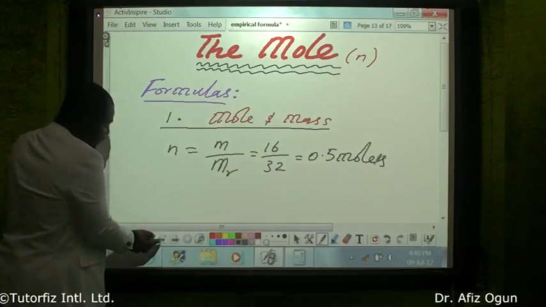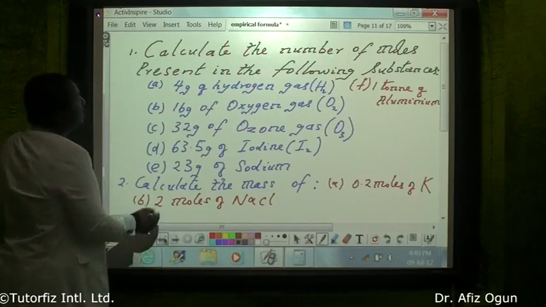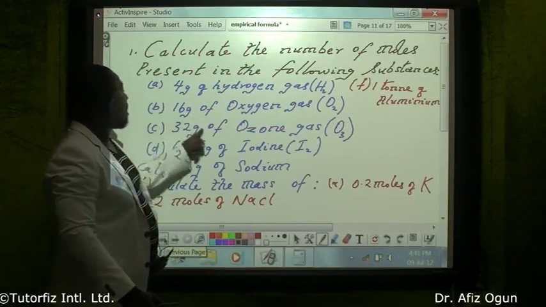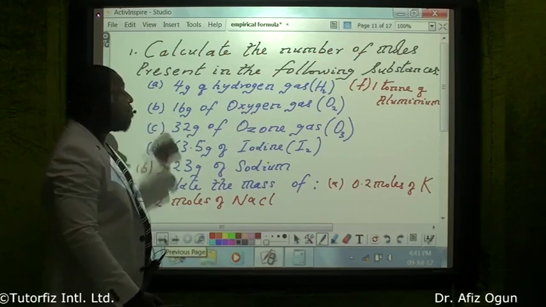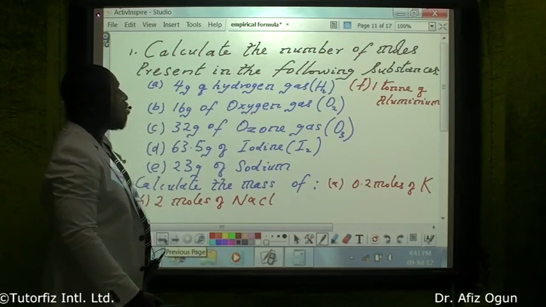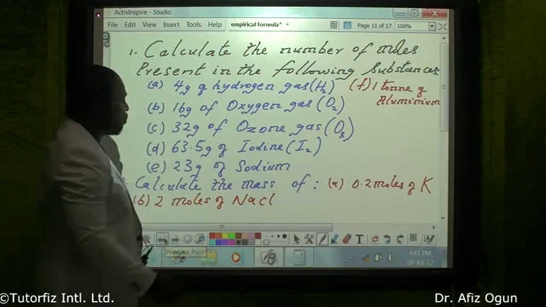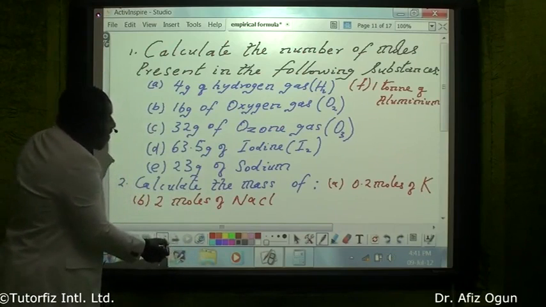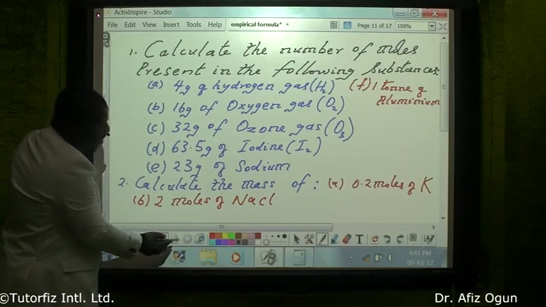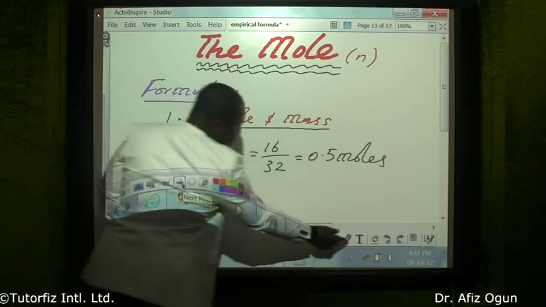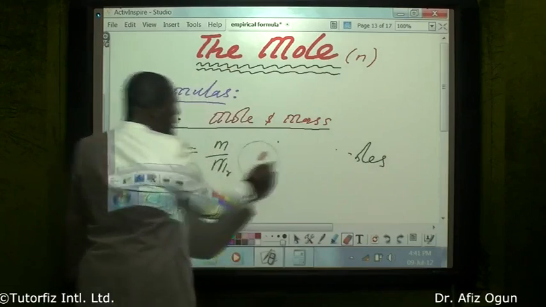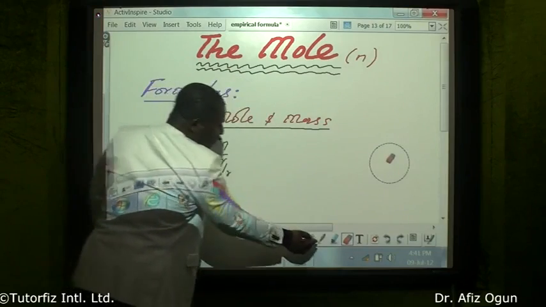Okay, let me look at ozone. The third one there is ozone. 32 grams of ozone. Ozone gas is a triatomic molecule, so I have 3 times 16. Again, I will use the same formula.